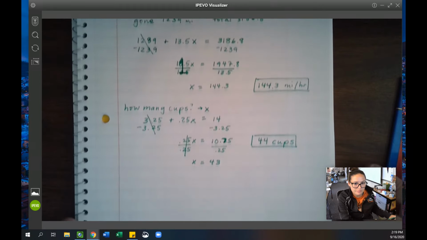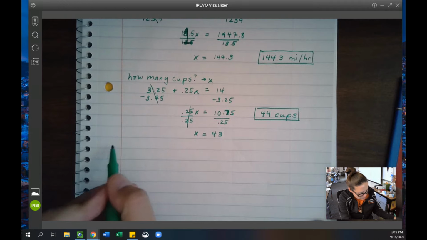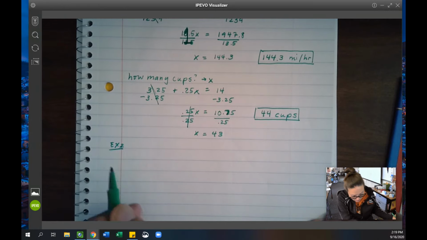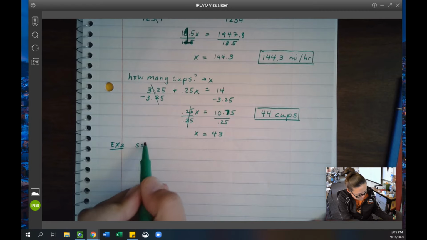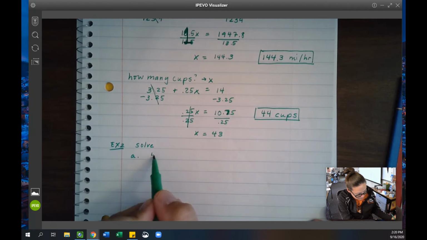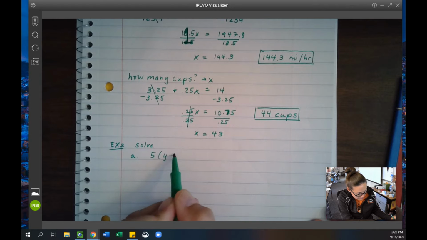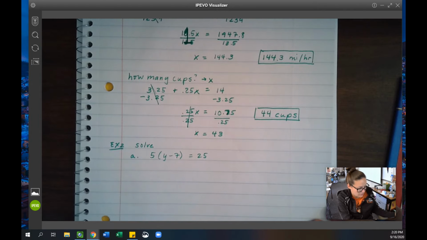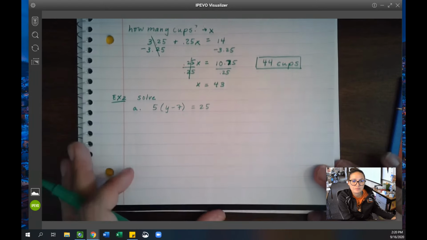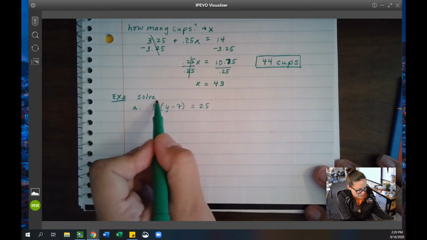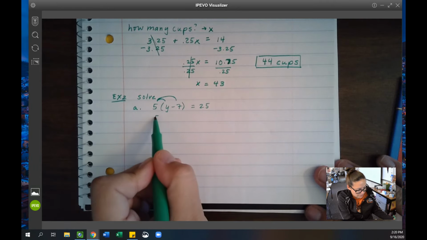Okay, let's try example 2. Solving equations. Part A, 5 times y minus 7 equals 25. I'm going to show you 2 ways to do this. The first way is to distribute.